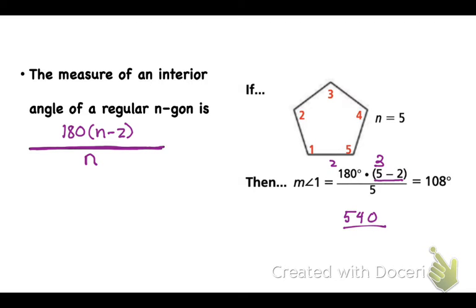Divided by the number of vertices, which is 5. 5 goes into 5 how many times? 1. Does 5 go into 4? Nope, so 0. 5 into 40? 8. So each one of those angles is how much? 108 degrees. We broke that down pretty basic, didn't we?